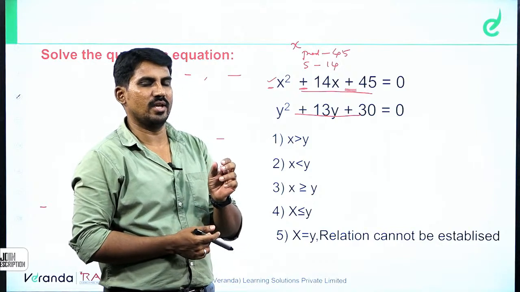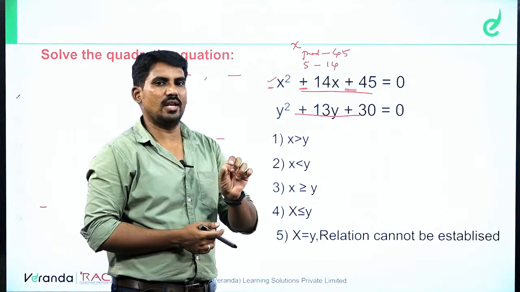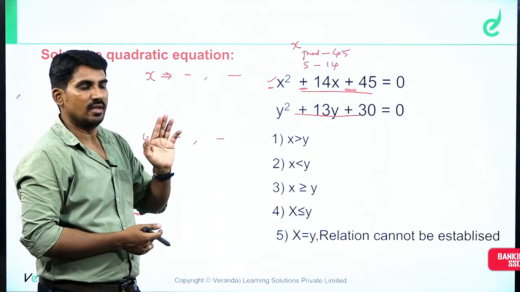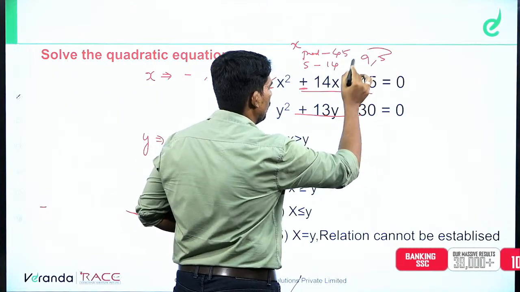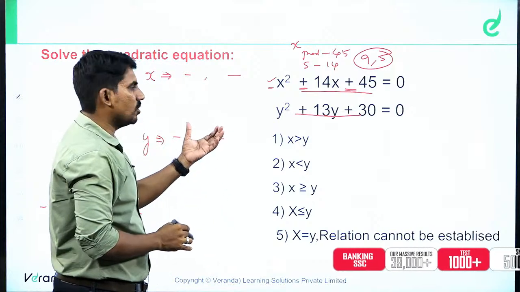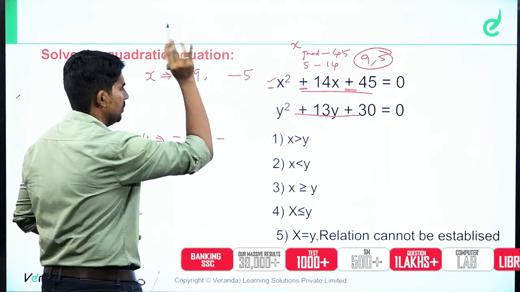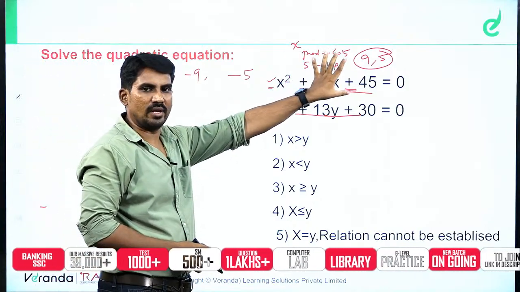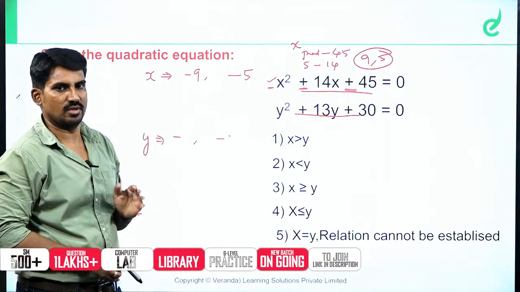What numbers can we take? Shall we take 9 and 5? 9 into 5 is 45. 9 plus 5 is 14. Therefore, the roots are 9, 5. Now, x is equal to what? Roots are minus. Therefore, write minus 9, minus 5. That's all. This is completely mind calculation. For comparison alone, we are writing this: minus 9, minus 5.